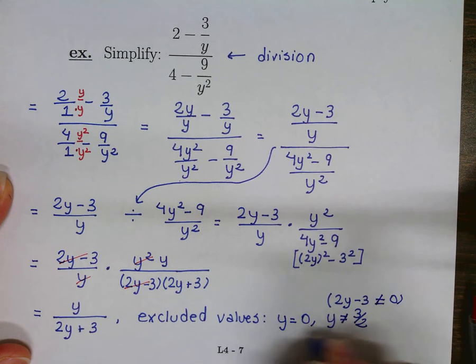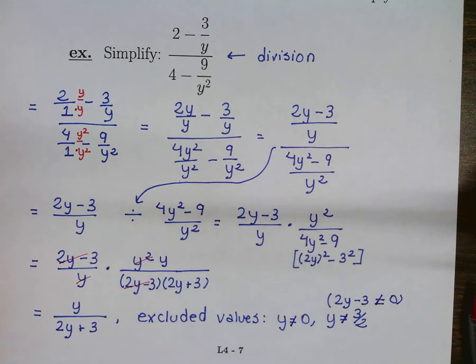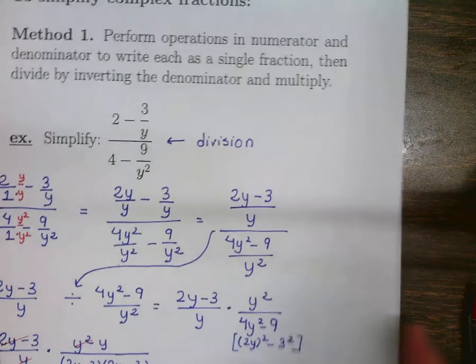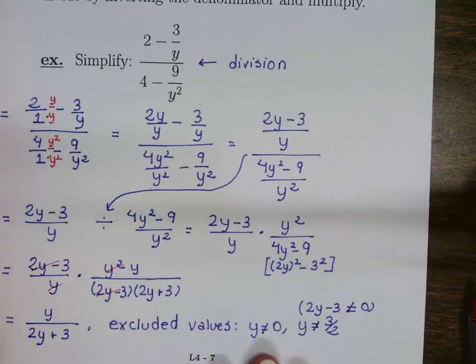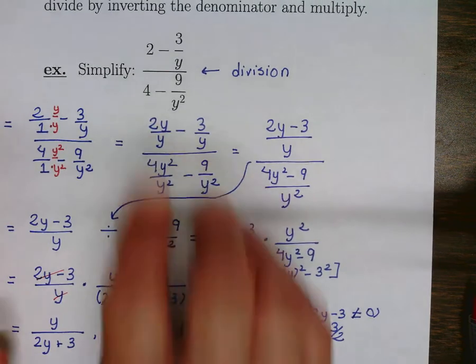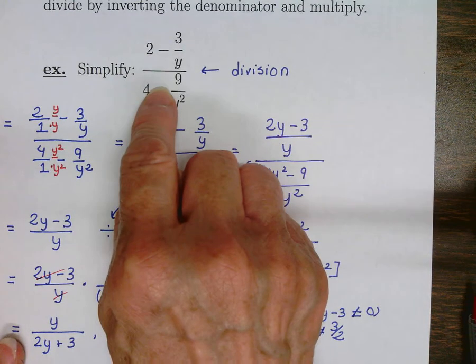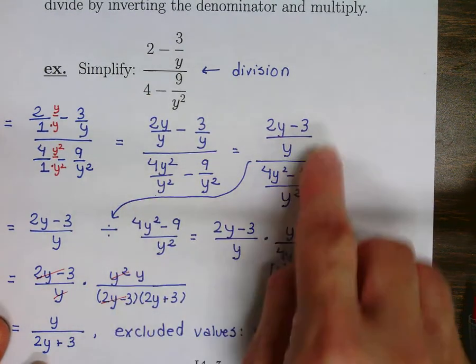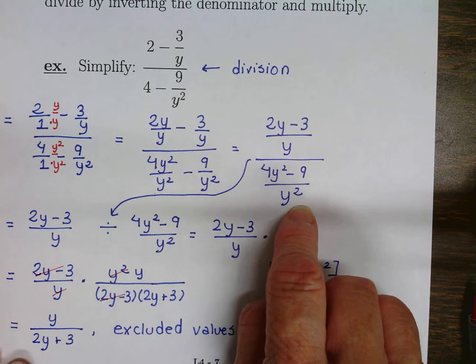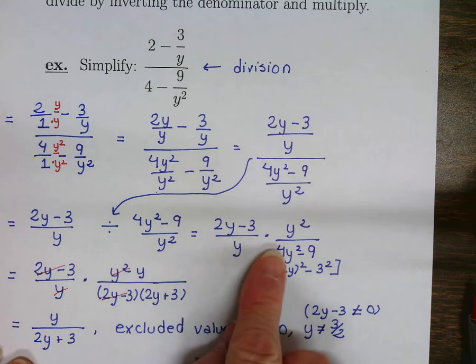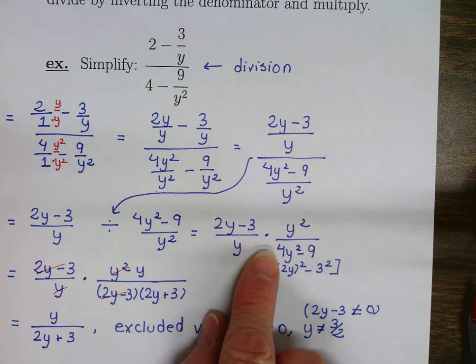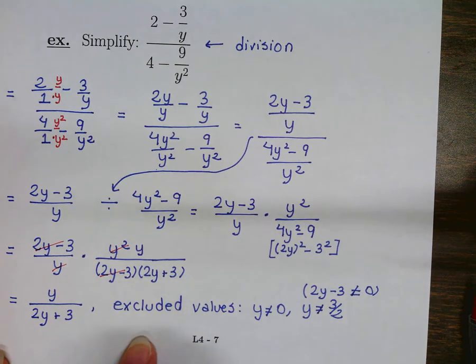So when you simplify that, we get those excluded values. Okay, that's the first method. So again, we actually perform the operation. We are going to divide, but before we divide, we write as single fractions by finding the least common denominator. Then we perform the division by inverting and multiplying, and then we simplify the result.